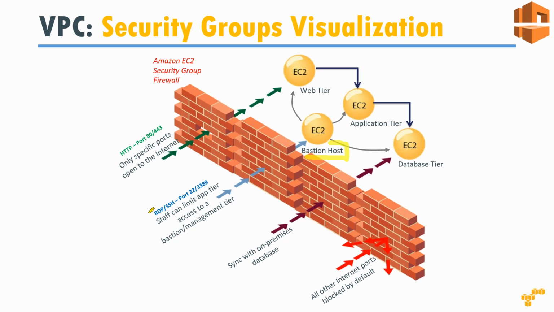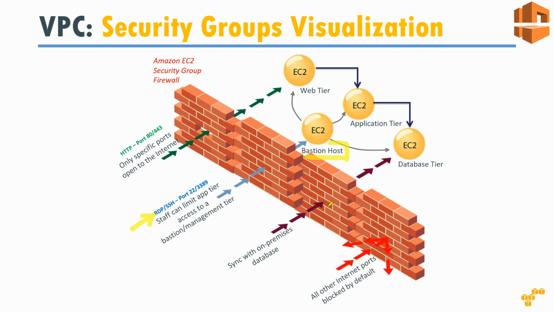That is usually for bastion host port 22 and port 3389 for RDP is open. From this port, you will be able to access only this EC2 server, not others directly. So once you log into this server, you can connect to this server, you can connect to this server. And then you can enable a VPN connection also is possible.